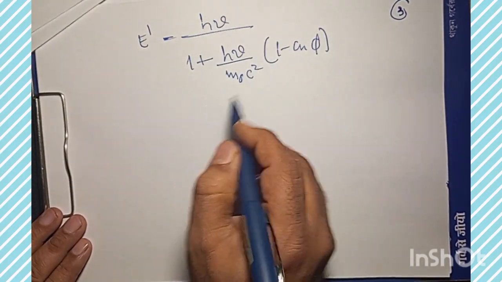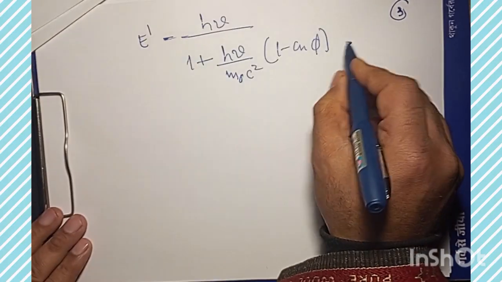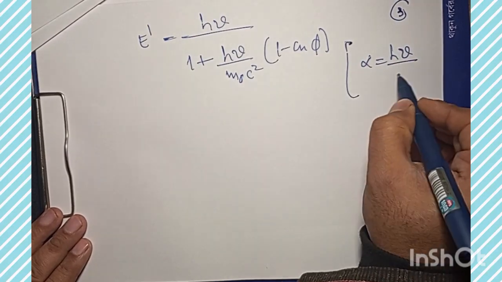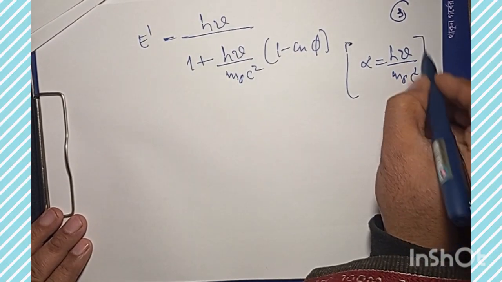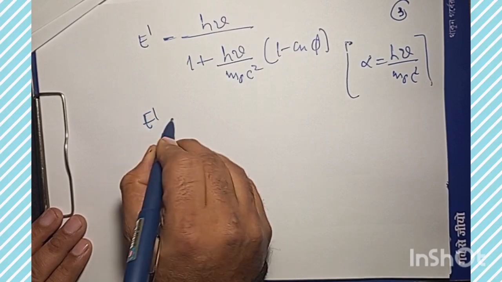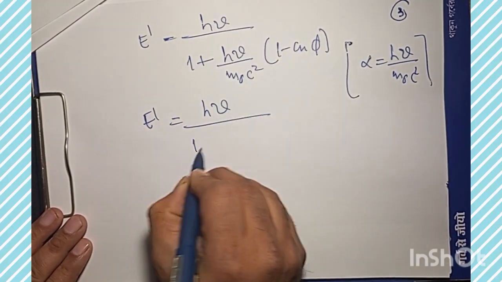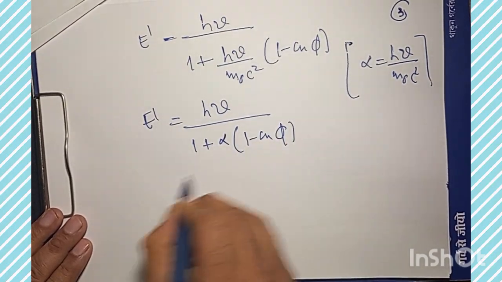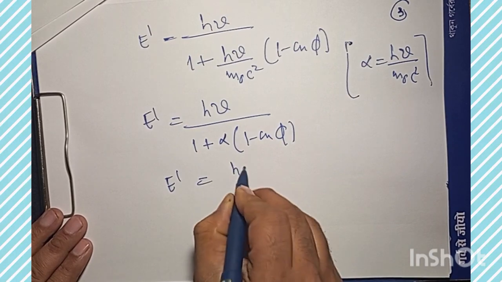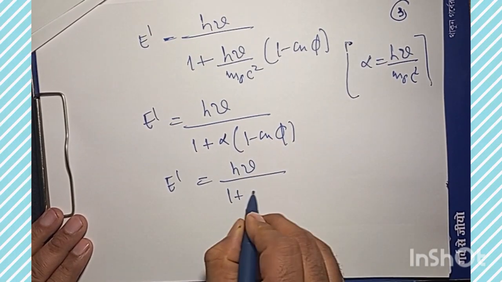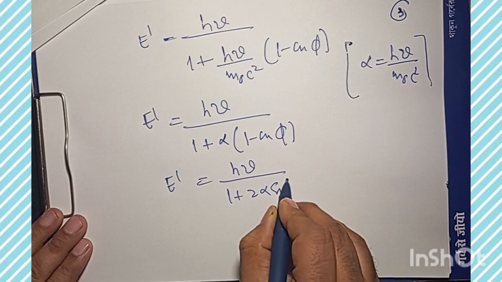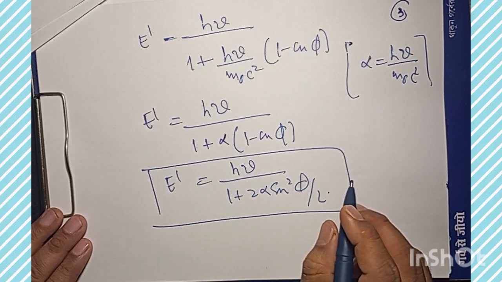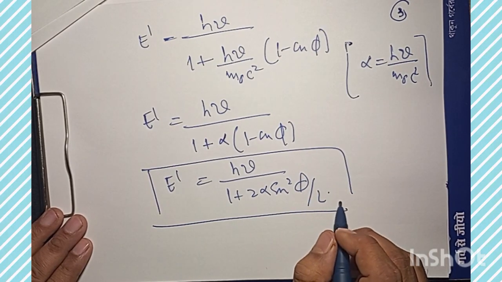As we know, we can substitute for alpha, where alpha is h nu by m naught c squared. So E dash is h nu by 1 plus alpha times (1 minus cos phi), which is h nu by 1 plus 2 alpha sine square phi by 2. This is the expression for the energy of the scattered photon.